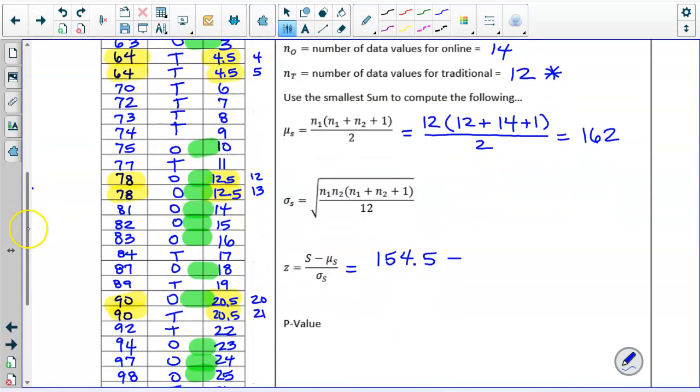Now I can find my standard deviation. So I'm going to square root. And then again, I use 12 times 14 times quantity 12 plus 14 plus 1, all divided by 12.